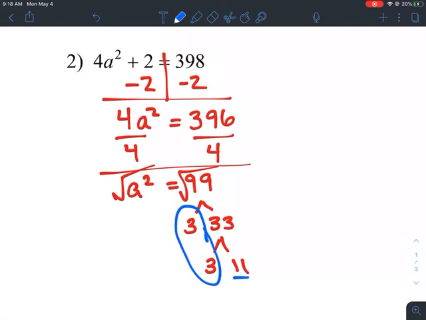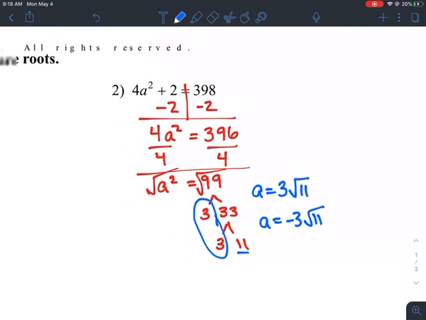So I have a pair of 3's and an 11 left over. So my final answer is going to be 3 on the outside because of the pair, and then on the inside I put 11. But also I have 2 answers with these, so my answer is also negative 3 square root of 11. So just try and remember that it's both positive and negative.